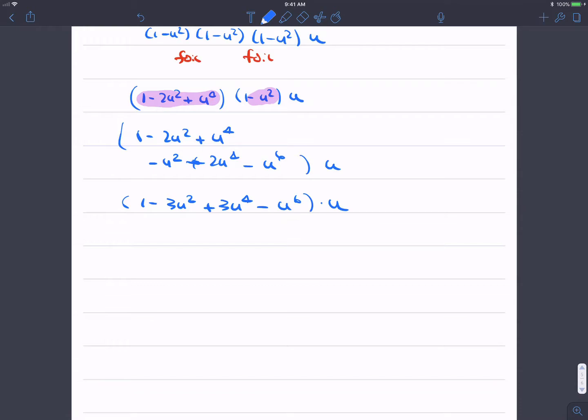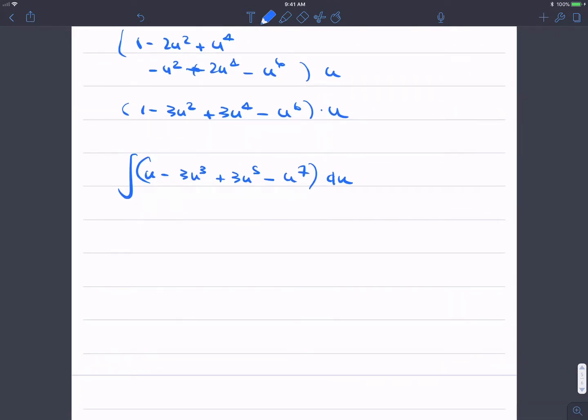Now distributing the u, we get u minus 3u cubed plus 3u to the fifth power minus u to the seventh power. This is what we're going to have to integrate with respect to u. Okay.